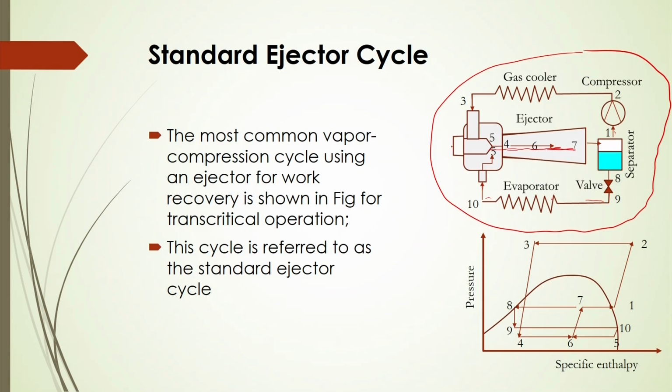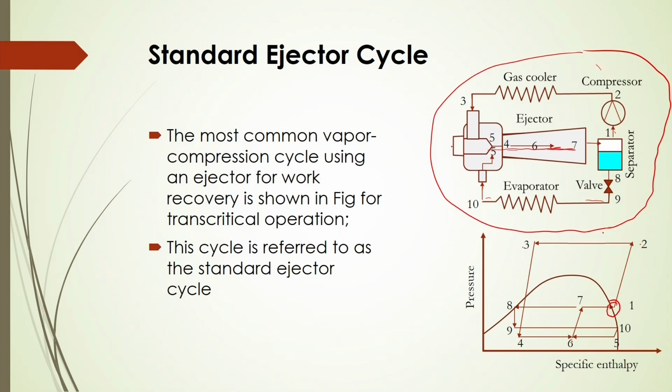where how the pressure changes at different locations is given here with respect to specific enthalpy. At this location 1, here you will see this pressure, and then 1, 2, 3, here 4, 5, and then 6, 7, 8, 9, and then 10.